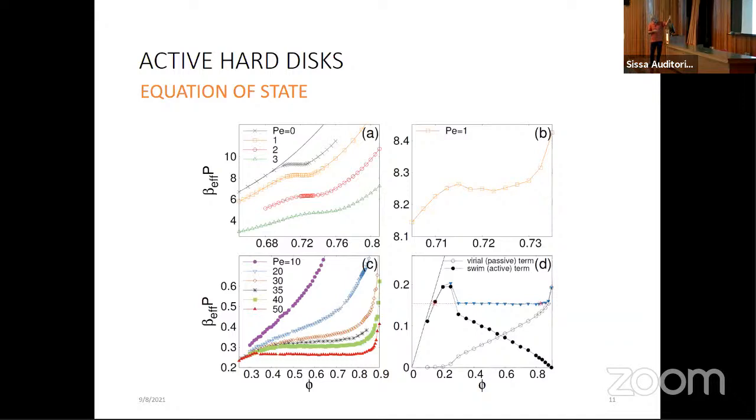This horizontal behavior of the pressure becomes shorter when you increase Peclet from 0 to 3 and then disappears. And then again, when Peclet is quite high, like in the bottom left picture here, you again have a horizontal part in the behavior of the pressure that corresponds to the MIPS.